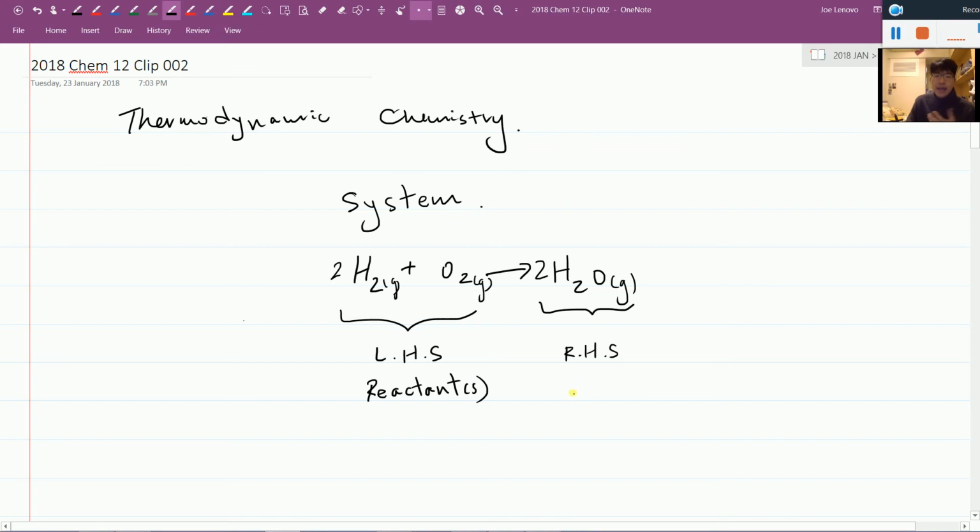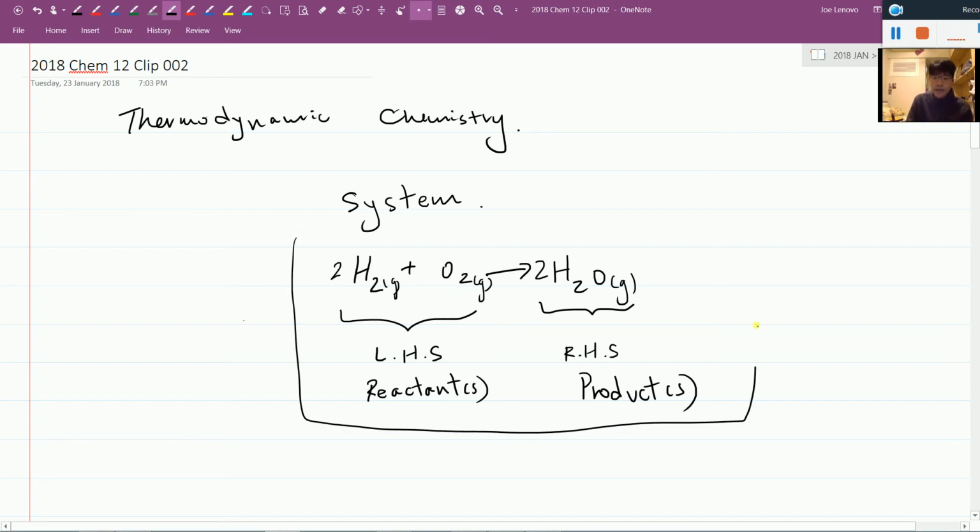And then we have the right hand side, which is our products. Left hand side, right hand side, reactants, products. So I will not explain this again. Make sure that when I say system, it means the whole thing.